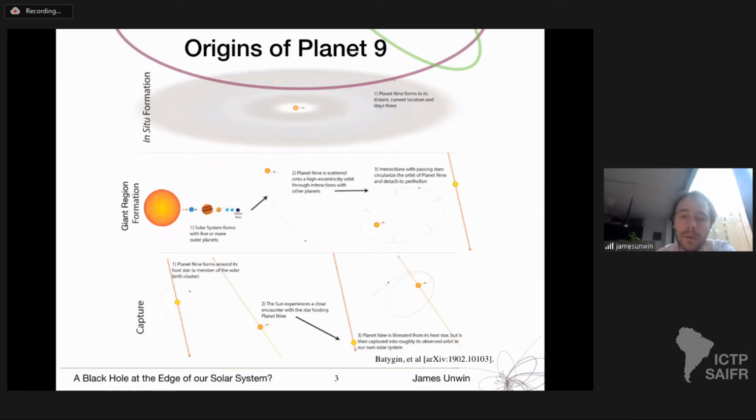by some fortunate circumstance. So let me just highlight that the idea that this actually formed in the outer solar system, formed in place, I think is the most far-fetched, because there's simply not enough material out at 700 astronomical units to form such a large planet.